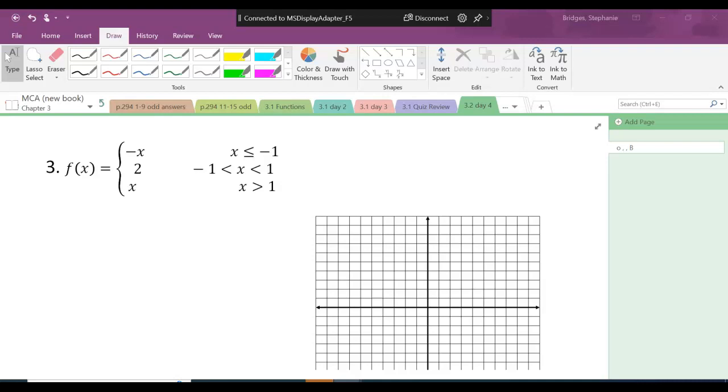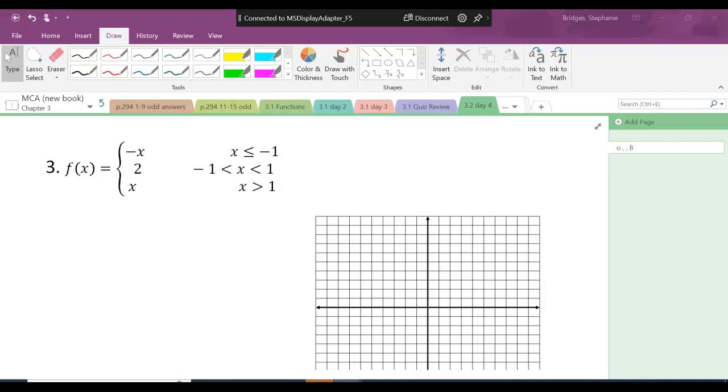So it's negative 1, that's fine, that's just one number.